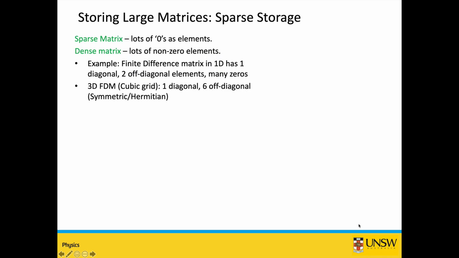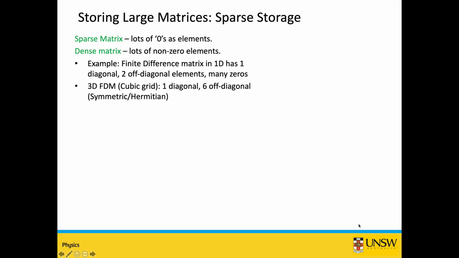Let us now first look at the issue of storing large matrices. What we will look at is a sparse matrix, which means there are lots of zeros as elements of this matrix. This is opposed to a dense matrix where there are lots of non-zero elements, right?